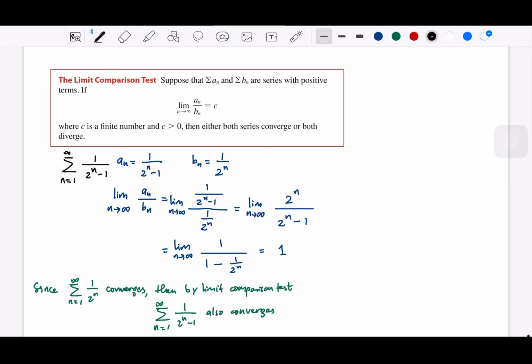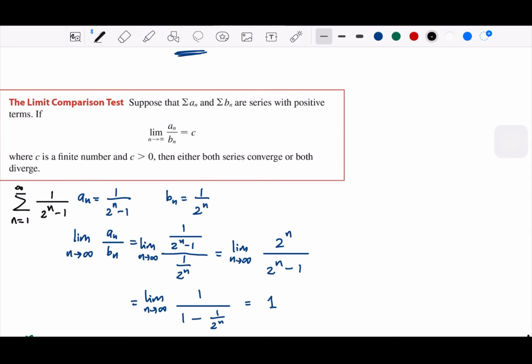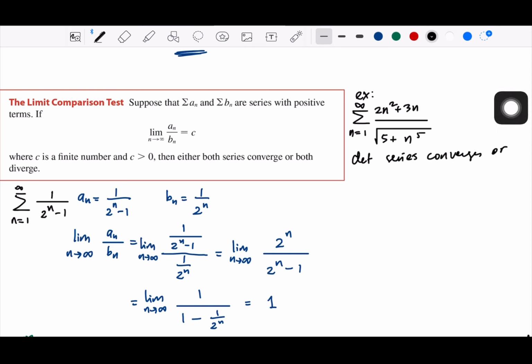Any questions on this? Okay, let me put one example here. Determine whether the series converges or diverges.